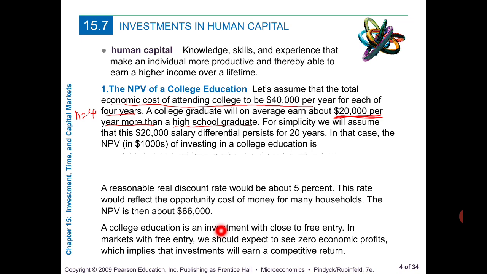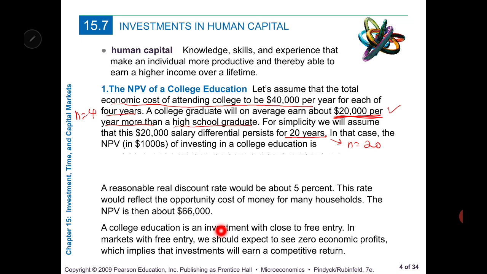But if you get the degree, then compared to SPM or A levels, you will be able to earn 20. So that's your income stream. And we say that this 20,000 salary is going to continue for another 20 years. So you have 4 years of studying and 20 years of working.